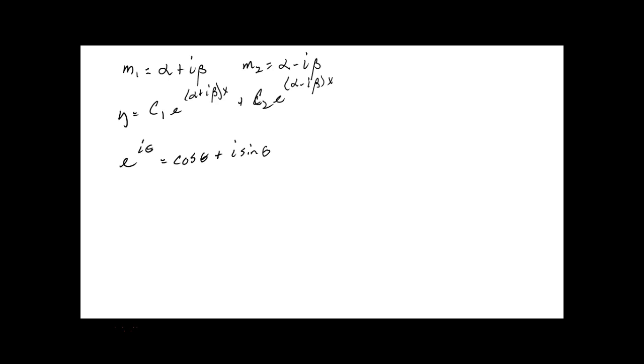So therefore, this thing right here could be written as e to the alpha x times e to the i beta x. Remember that?